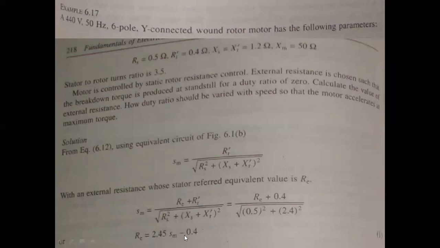From this, you will get the maximum slip as (RE plus 0.4) by root of 0.5 whole square plus 2.4 whole square. Just substitute the given data. In the given data, you are having the parameters. Just substitute them in the SM value. In place of RS, 0.5.